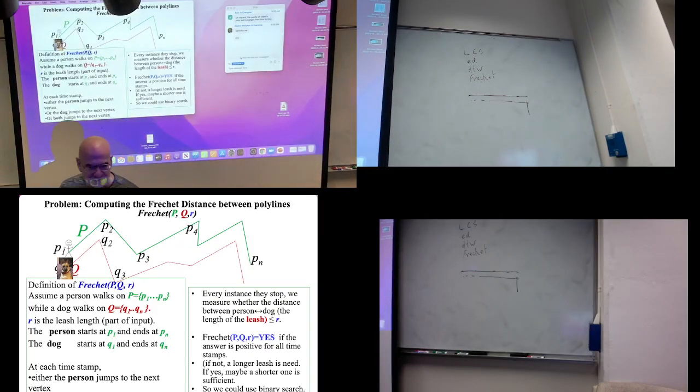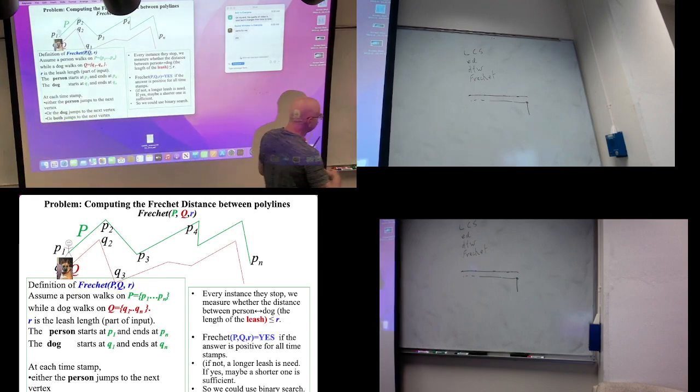Dynamic time warping is not exactly the average length of the leash, but it's much closer to the average length of the leash. Frechet asks what is the maximum distance between them ever. And to find the minimum such distance, we are breaking our task.